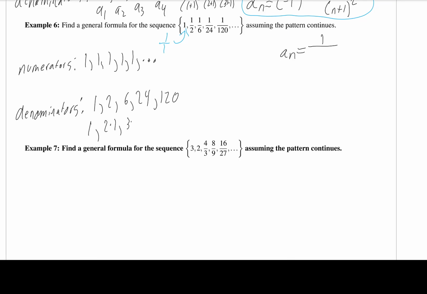The third term looks like 3 times 2 times 1. The fourth term, that looks like 4 times 3 times 2 times 1. And so now we should notice this as n factorial on the bottom. So this will be our formula for this sequence.